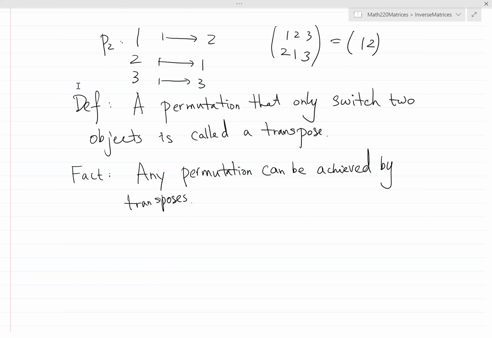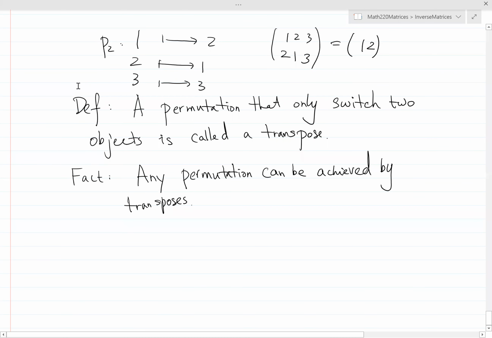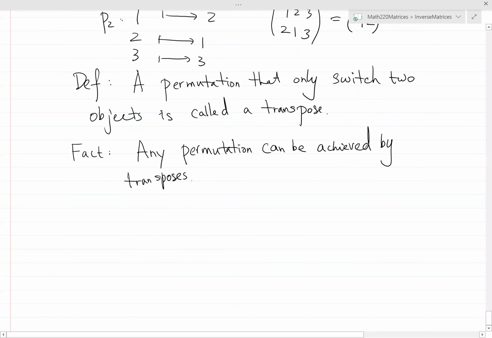Now we want to talk more about this special permutation. Suppose we're talking about an n-dimensional vector space. Let E1 be 1, 0, etc., 0.